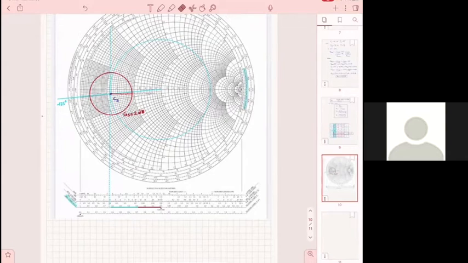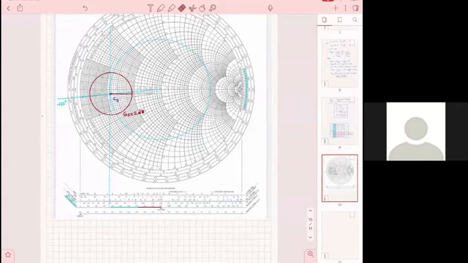No, with the noise, you only do the G sub S. You remember what I said, the noise only impacts the input matching network, because it is unilateral. Noise, whether it's unilateral or not, will only intersect with the input matching network, because the noise is written in terms of gamma S. There is no gamma L in the noise.